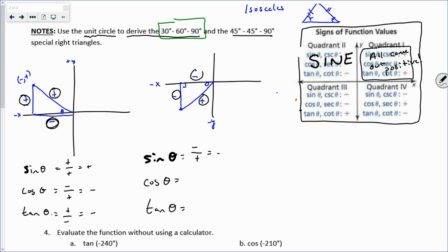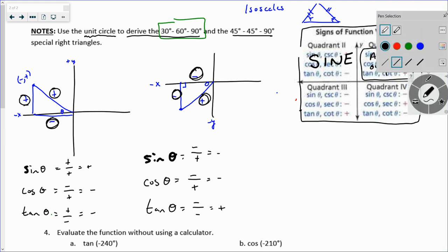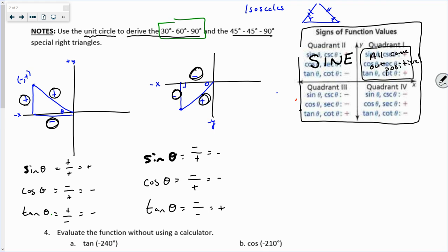Cosine, adjacent over hypotenuse, will also come out negative, but tangent, opposite over adjacent, negative over a negative, will come out positive. So our note there is in quadrant 3, the only thing positive is tangent.